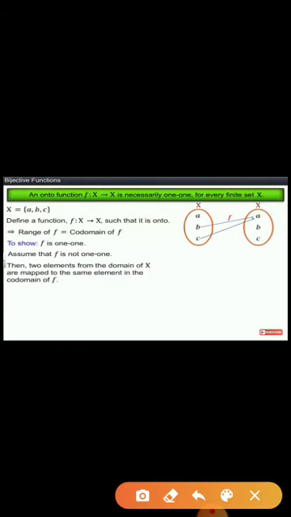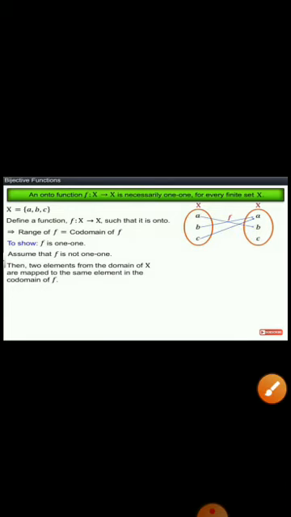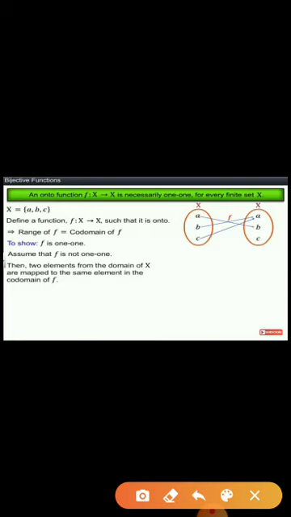And then in order to make it a function, I have to join a to any one. Only then it becomes your function. Okay. So we have joined a to b. Now I have been given that it is not 1-1, so I have drawn this as a figure. But in this case are my range and codomain the same?